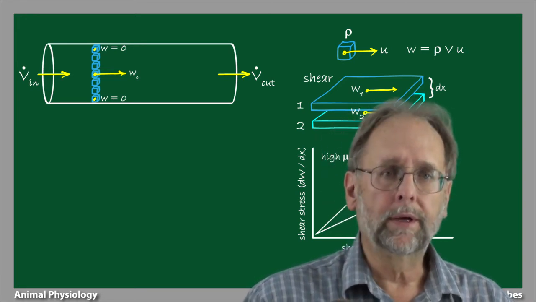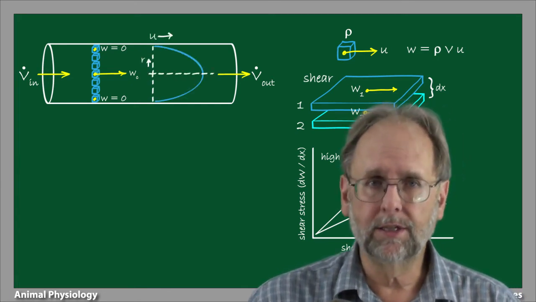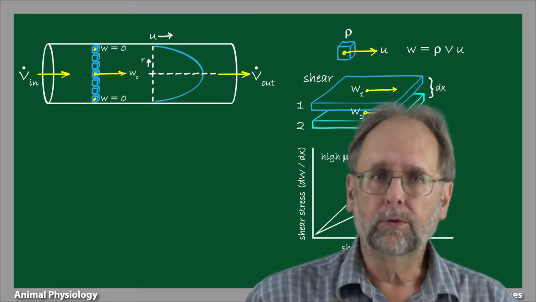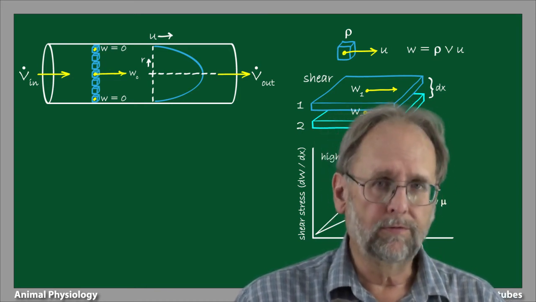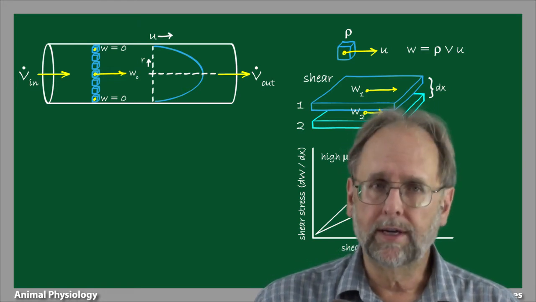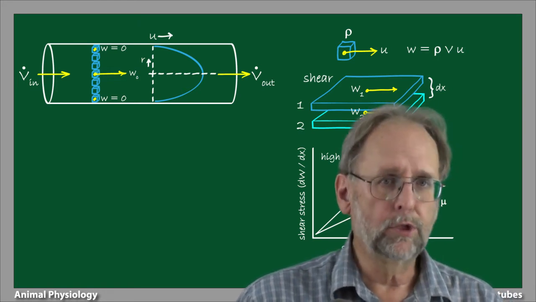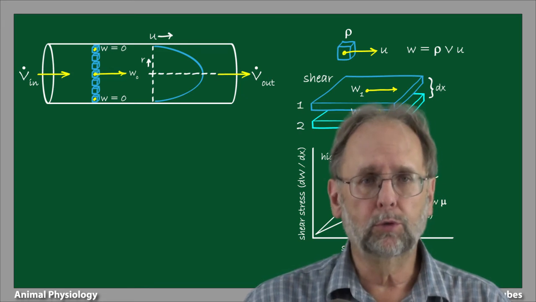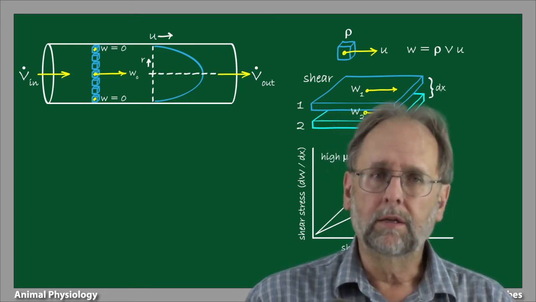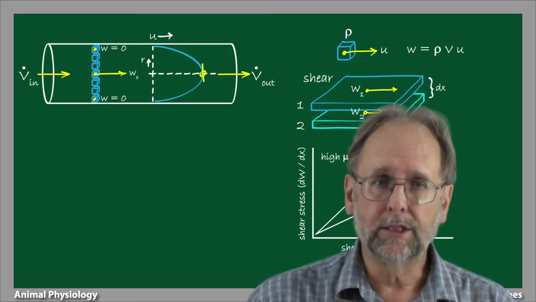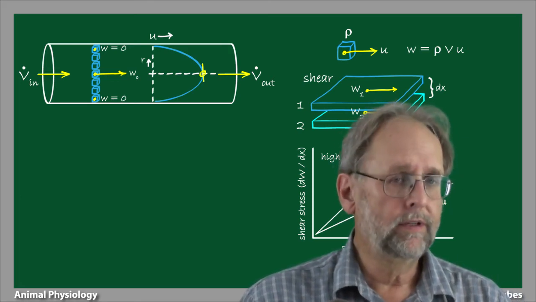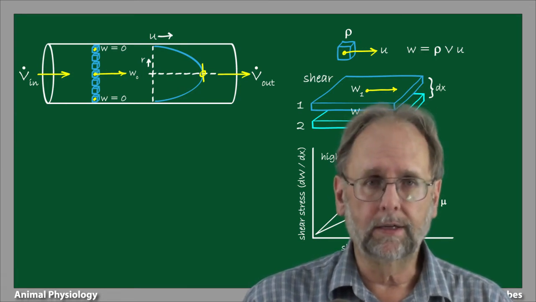This transfer of momentum will impose a so-called velocity profile on the blood flowing through the tube. For a simple fluid like water, this velocity profile will be parabolic. This tells us that the shear stress and shear rate varies with respect to the distance from the center of the tube to its inside surface. Specifically, blood flowing in the center of the tube will experience almost zero shear. We see this by the relatively flat tangent to the velocity profile.